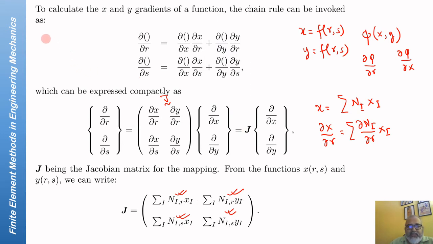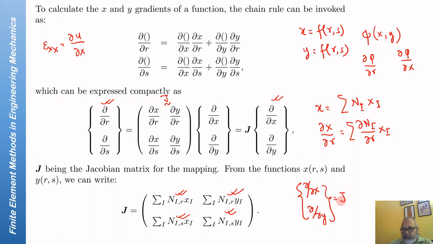Now, to calculate strains and quantities like that, for example epsilon xx, we would need del u del x. So we need derivatives with respect to x. Here what we have is derivatives with respect to r and s in terms of derivatives with respect to x and y. To get this in terms of these, which are easy to calculate from these relations, we will have to use the inverse relation, that del x del y would be equal to J inverse times del r del s, where, as I said, J and J inverse are known functions.